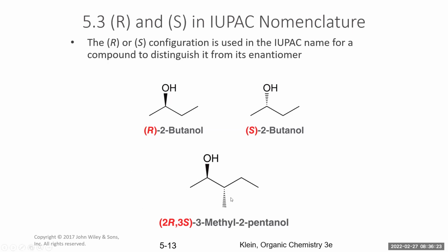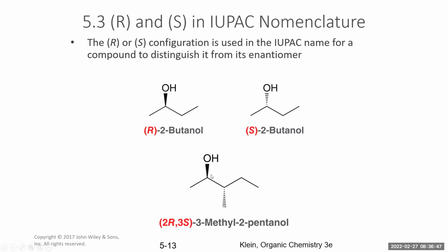And then let's say there's 2 chiral centers, right? So then you want to list each one as either being R or S. Because there's more than one, now you need the carbon number on the parent. So you don't have to know exactly how to name this. But just believe me that it gets named 1, 2, 3, 4, 5.